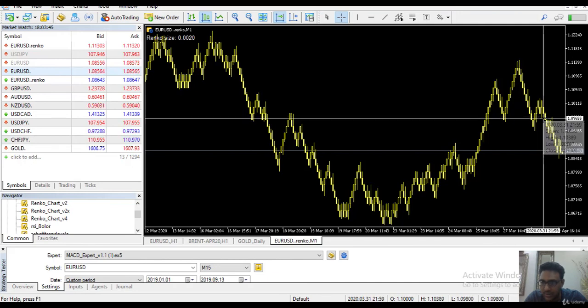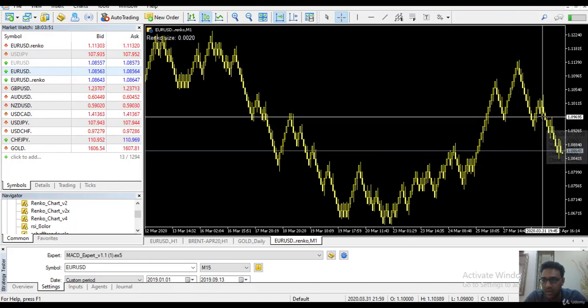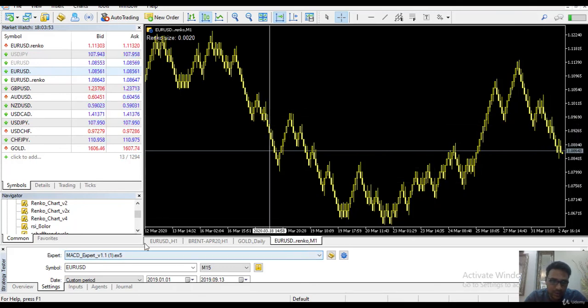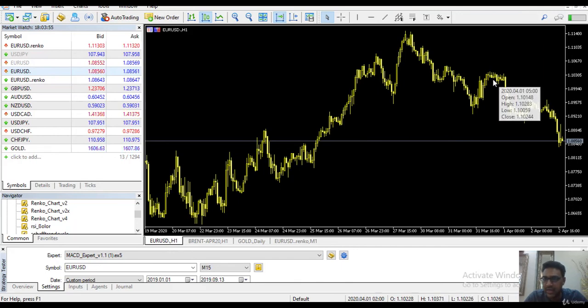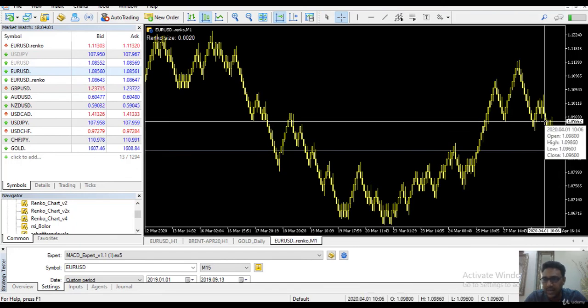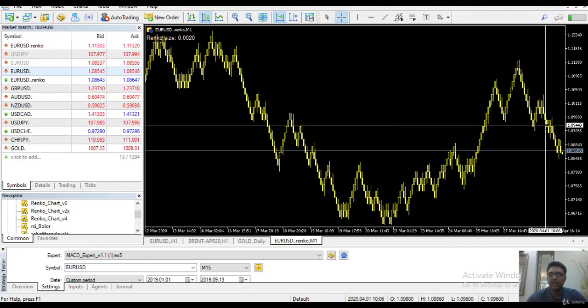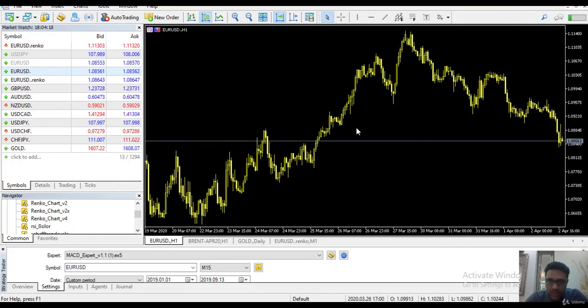Yes, this area, and all the way it has moved only 2 bricks during those H1 10 candles. It has only moved 2 bricks, 200 pips each, right? So this is how Renko makes it more interesting. Renko does not take into account the noise and the range areas, the noise that we want to filter out.